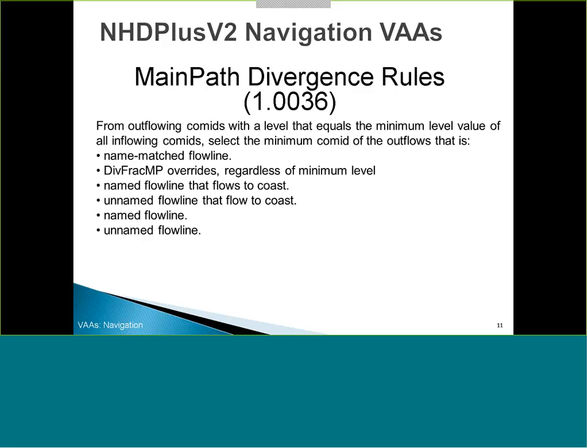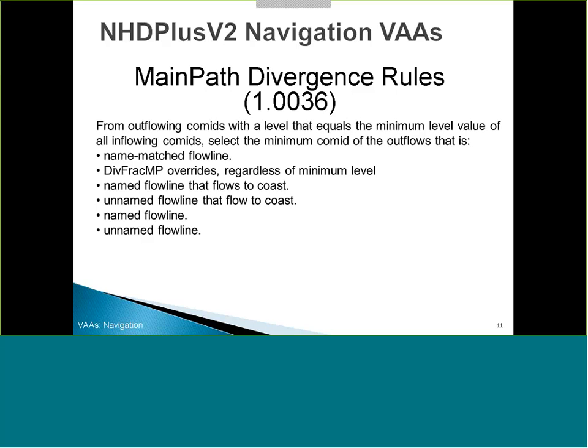If you don't like the way NHD Plus chose the main path, you can set the main path in this table. And our Sparrow modelers did that for a whole bunch of places in the country. So if you look at DivFrac-MP, you'll see places where they overrode what the NHD Plus would have otherwise chosen given its set of rules.